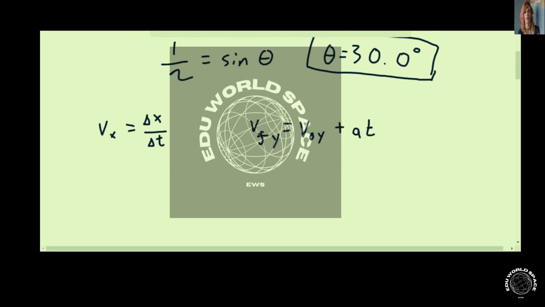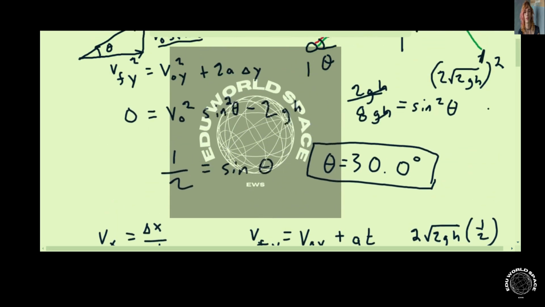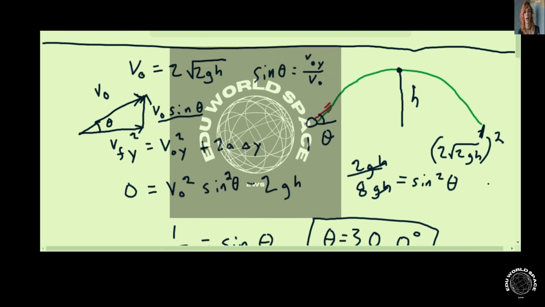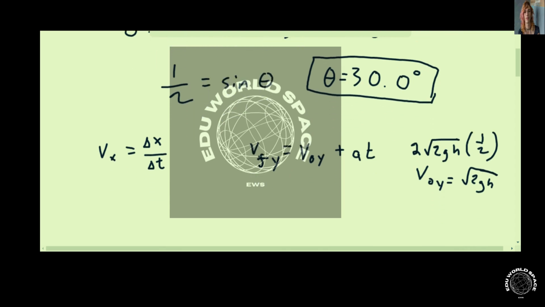So plugging that in, we have v naught is 2 square root 2gh times sine theta. And since theta is 30, sine theta is 1/2. So we know that v naught y is equal to root 2gh. V final, since it ends up at the same level, it'll be the same magnitude, just negative.